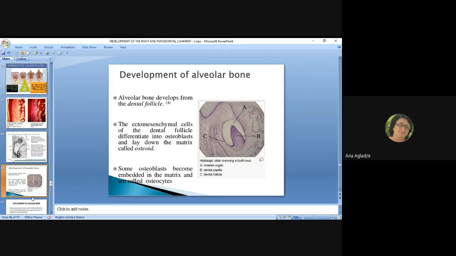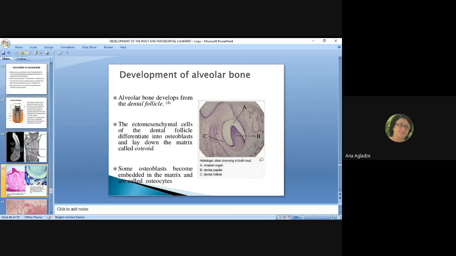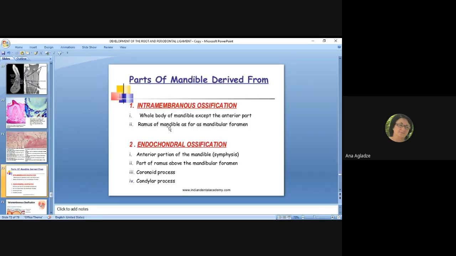There are some ways of ossification: intramembranous ossification and endochondral ossification. The mandible and maxilla develop intramembranously; the whole mandible and maxilla are ossified in a fibrocellular condensation.